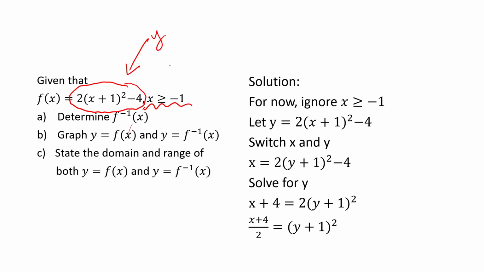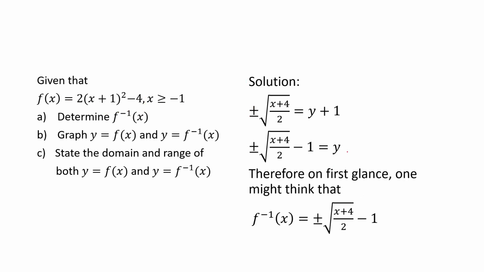Y isn't anywhere in that question. We're introducing it. And because we're introducing it, we're allowed to let it be whatever we want. So in this case, we want it to be the original function without the qualifier of x greater than or equal to -1. Then what we're going to do, we're going to switch x and y and follow the usual steps to isolate for y.